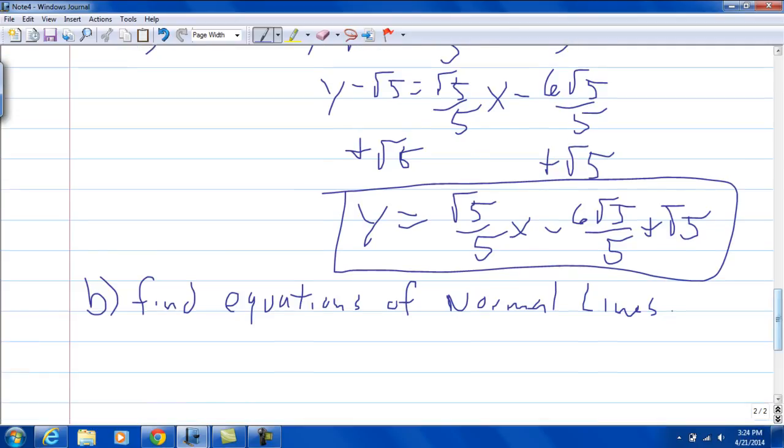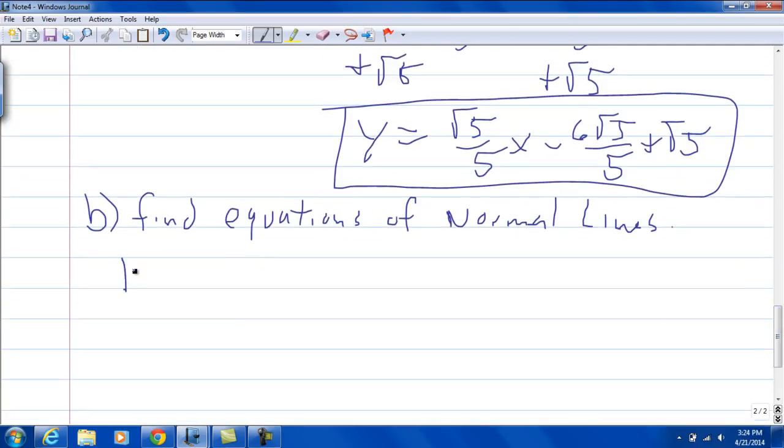So if the tangent line slope was plus or minus the square root of 5 over 5, then the normal line slope is perpendicular to that.